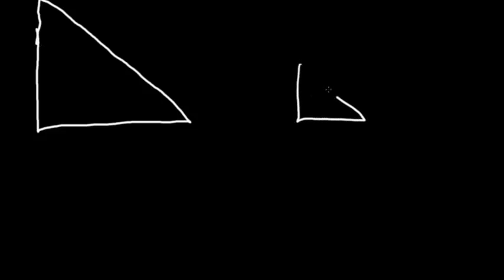And so if I have a triangle here, and I have another triangle here, and let's say this triangle says, okay, this is 85 degrees, and this one is 45 degrees.